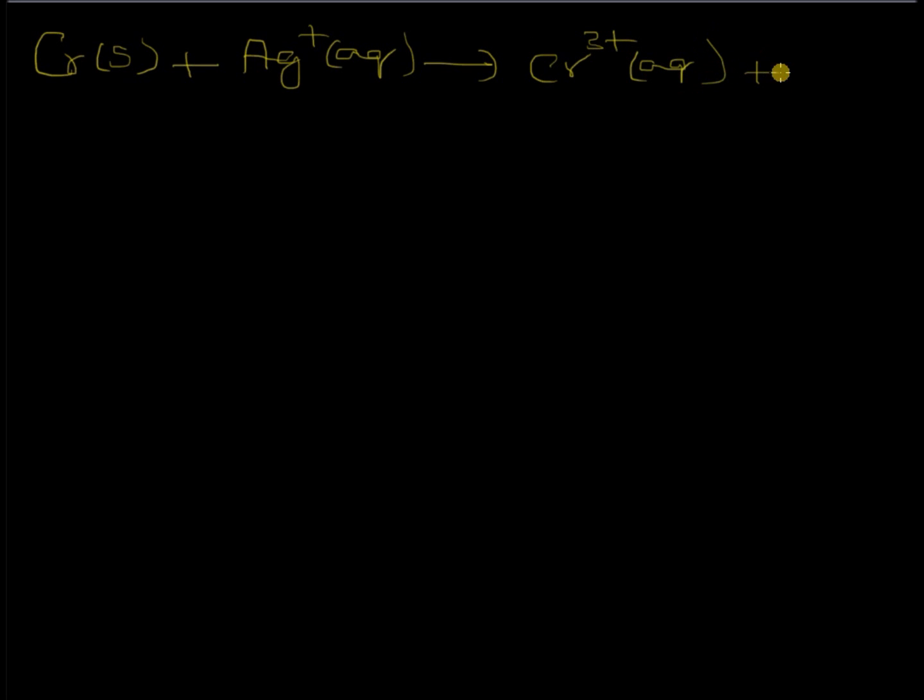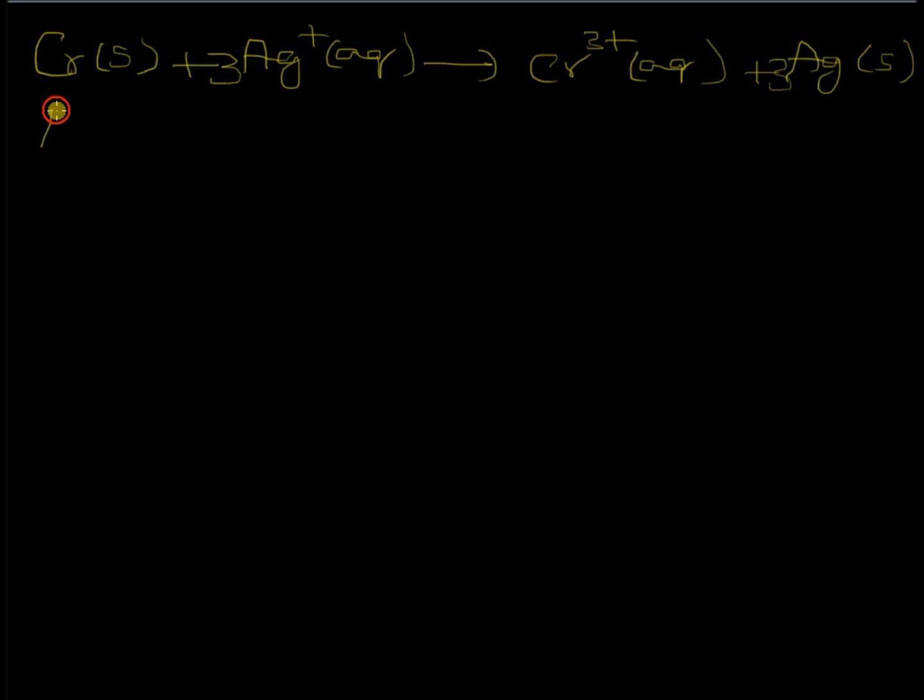Have you written the equation? The equation is Cr(s) plus Ag+(aq). Anode metal, cathode ion, giving anode ion and cathode metal. To balance the charges, we write coefficients here.